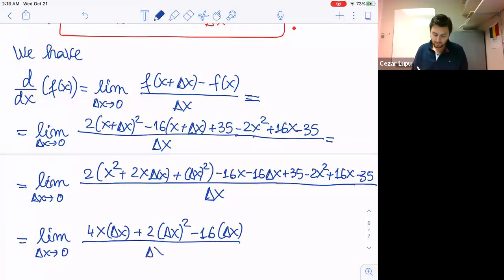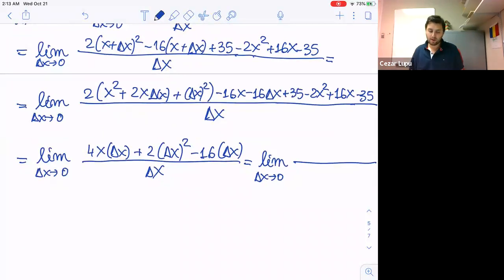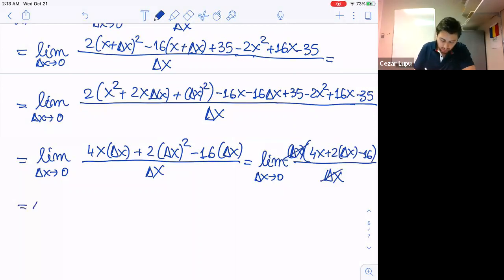everything over delta x. And now we can factor a delta x, and this would be nothing else than just the limit as delta x approaches 0 of the following. Let's put this delta x here times 4x plus 2 delta x minus 16. These two will go away, so in fact there is no fraction anymore.